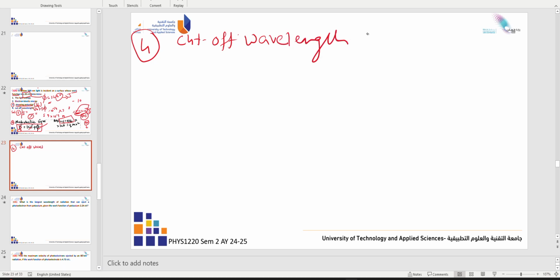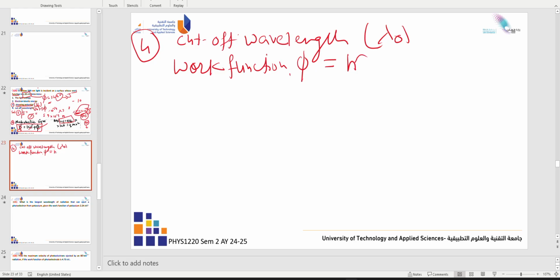The cutoff wavelength is denoted by lambda naught, and it is connected with the work function. It will come in the work function formula. So I am writing the work function formula: h multiplied by c over lambda naught. I need to find this.